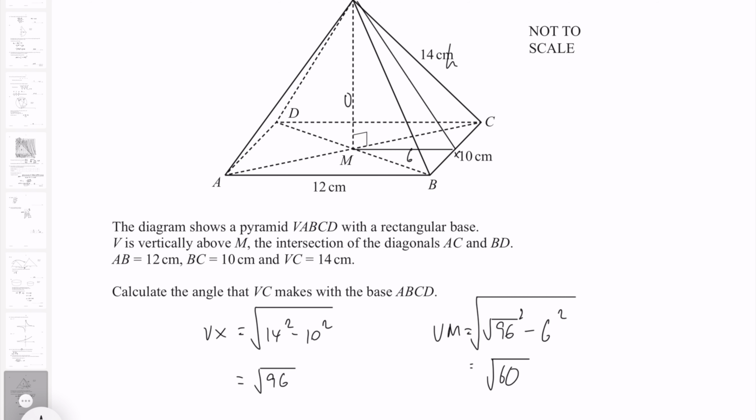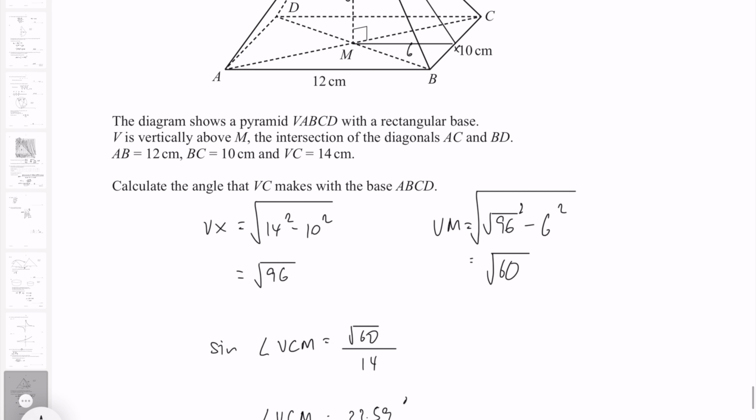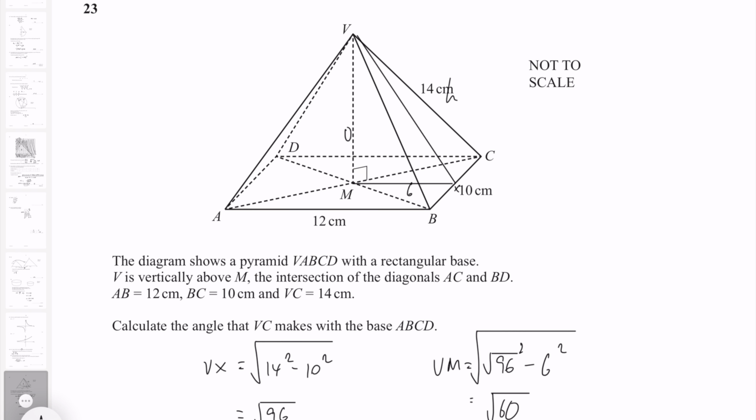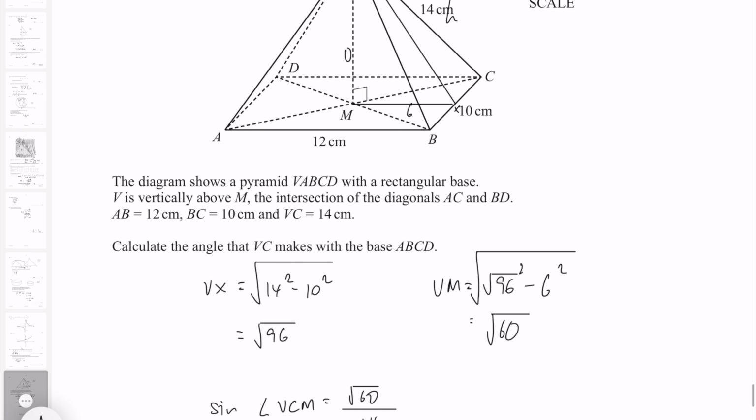Is that what I'm looking for? Did I make any mistakes? Let's double check. This is 5 squared. Yep. So 14 squared minus 5 squared, square root answer, that's square root of 171. So this is 171.